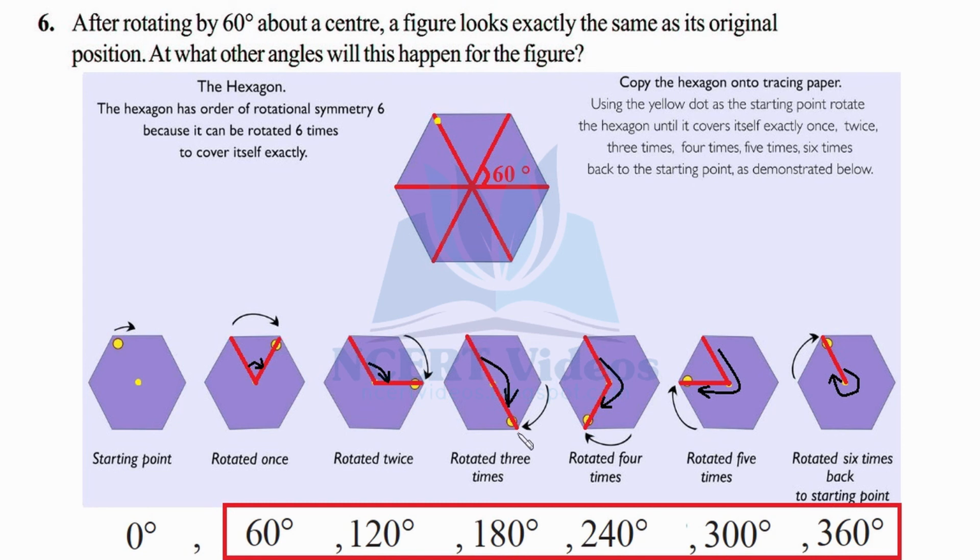Then adding again 60 degrees, this point comes here, so the addition of another 60 makes 240 degrees. Rotated the fifth time, this angle will be 300 degrees, that is the addition of 60 to 240. Now the last time, we get it back where we started, that is the sixth turn, therefore 360 degrees total rotation has been done.